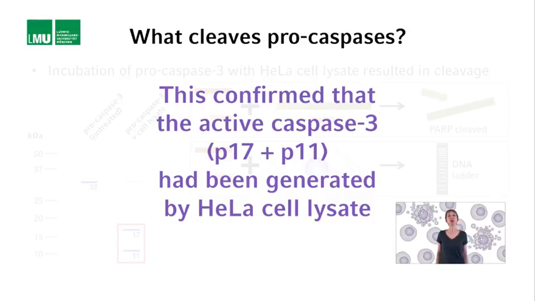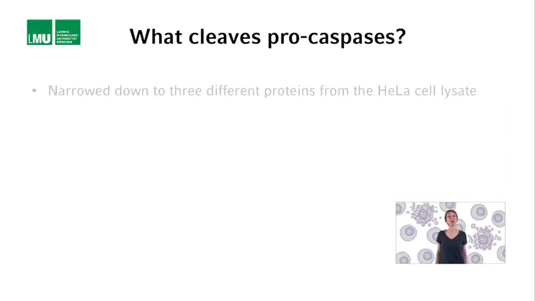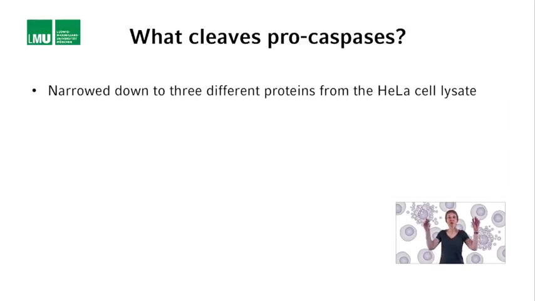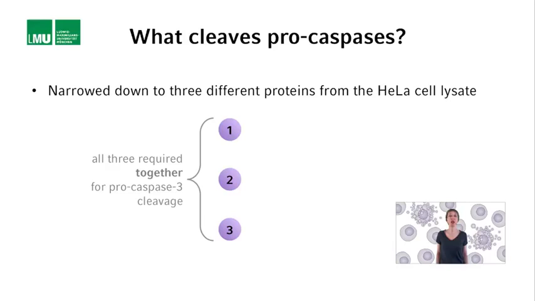They used a series of different chromatography steps, and at the end, they were left with 3 different fractions, each containing only one protein. And they had to incubate pro-caspase-3 with all 3 to get pro-caspase-3 cleavage.